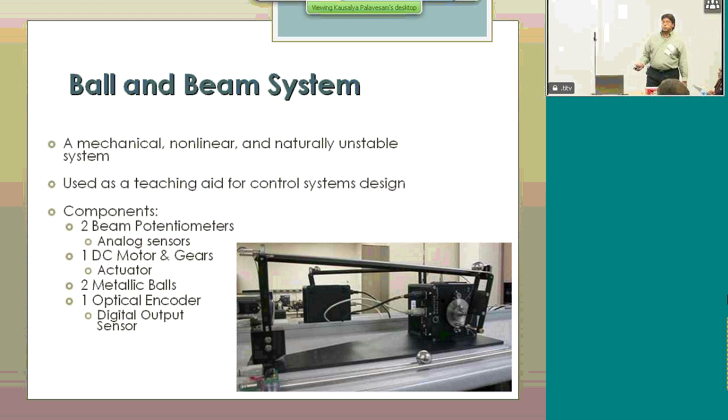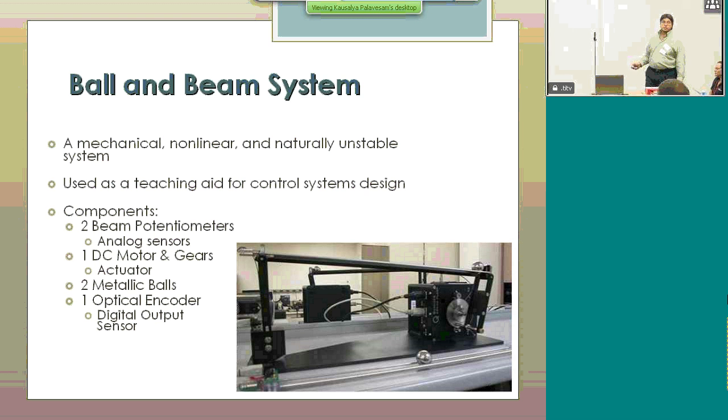The ball and beam system is well known to control people. It's just a ball rolling on a beam, and it is controlled by a motor that tilts the beam, and the objective is that the ball is at the center of the beam. And there is also a master ball that you can move with your hand, and the slave ball is supposed to follow that.